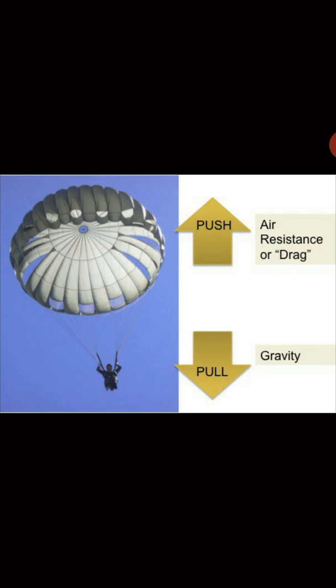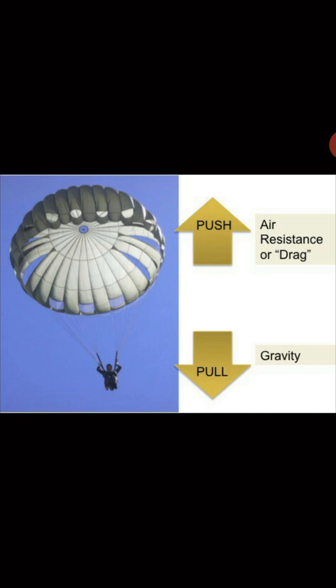But as soon as he opens the parachute, his weight will be balanced by the parachute, and that balancing is done by air resistance, that is drag. As I had said, it is always in the opposite direction of the motion.